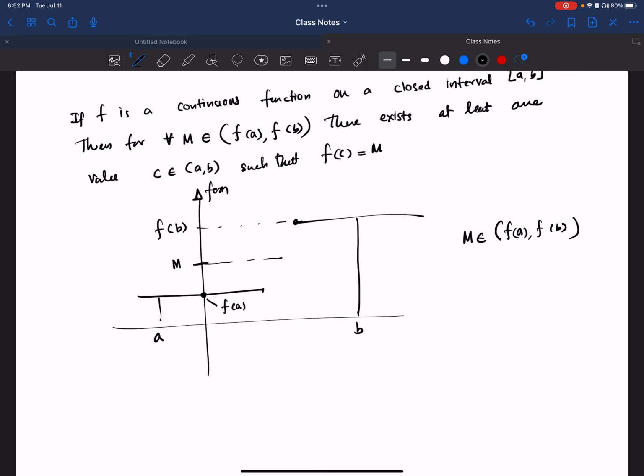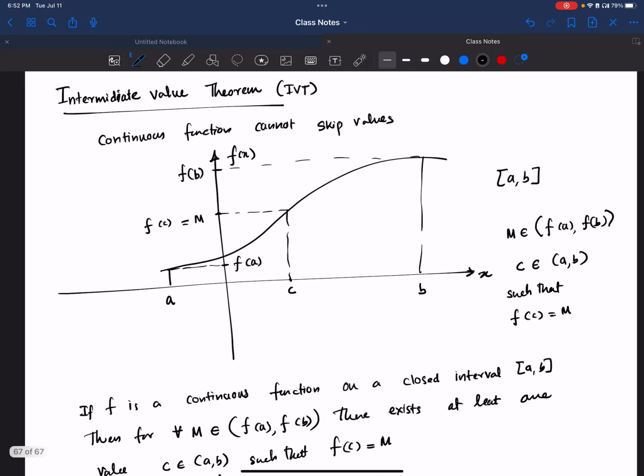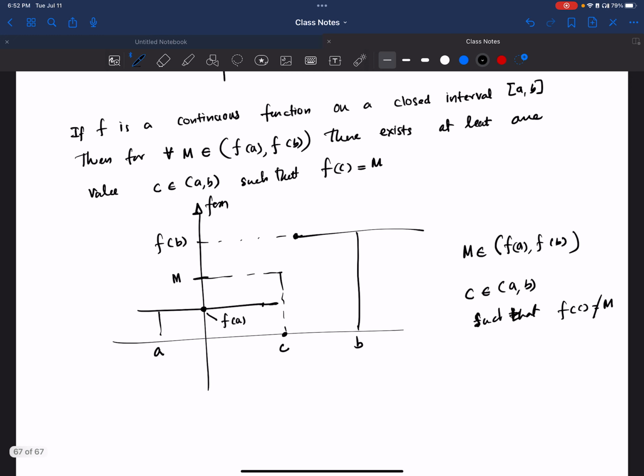But can we find any c in A and B such that f of c equals m? So it's not, right? f of c is not equal to m. So in a discontinuous function, the intermediate value theorem does not hold.